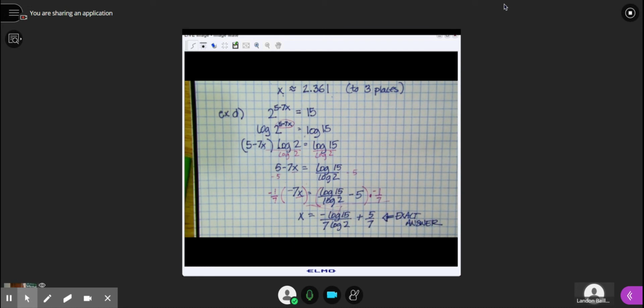And that's how I would get my exact answer. Yeah, this negative sign could go on the log 15 or it could go up front.